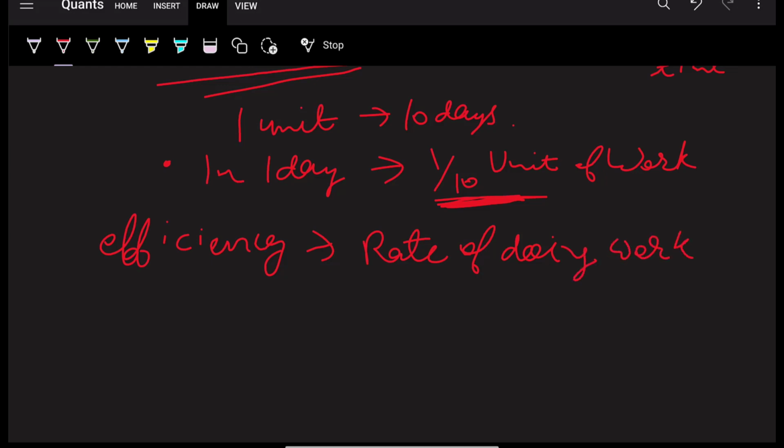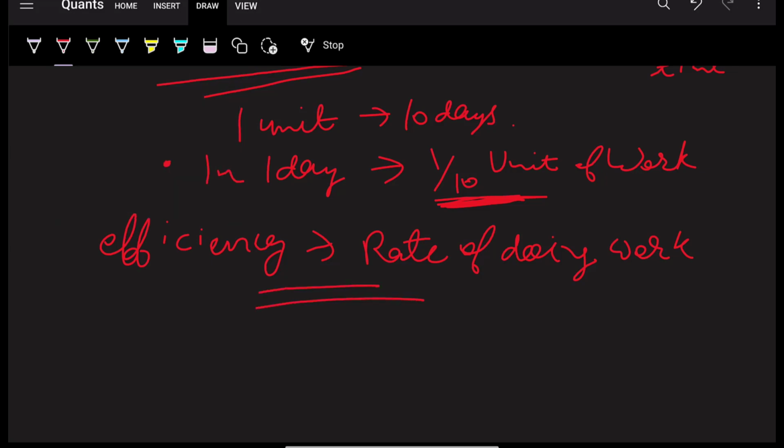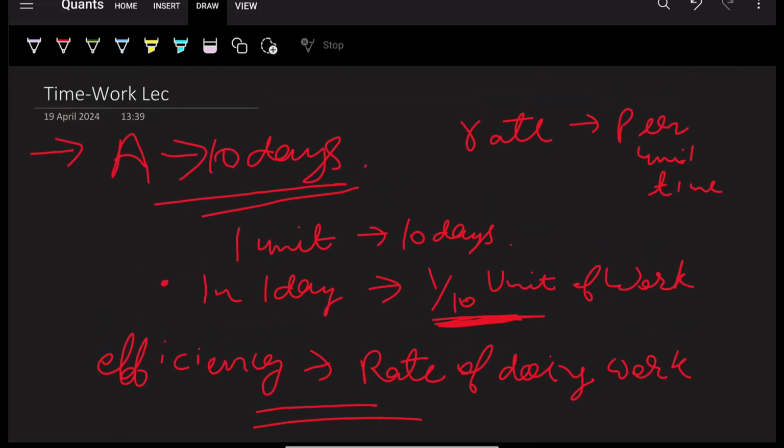To find the efficiency, we will calculate the 1 day work that will be completed. Now we have to understand that efficiency calculation is very important, because without it we won't be able to solve our problems. So you have to understand this concept very carefully.